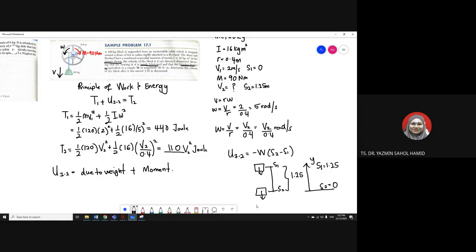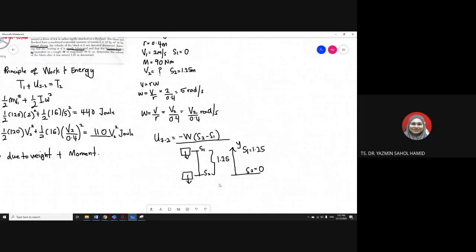If you follow this formula, the direction matters, because some books do not use this formula. They use W times S2 minus S1 because their convention is reversed, where they consider this to be S1 and this to be S2.